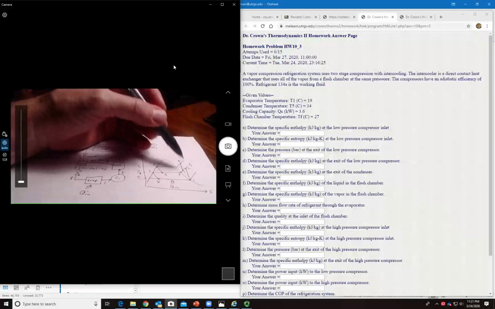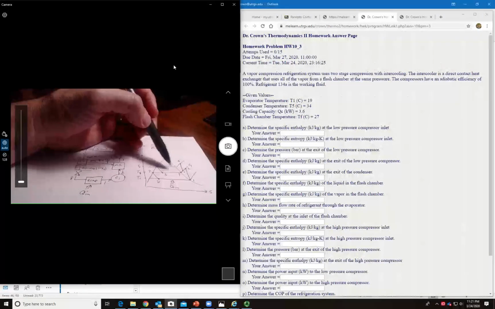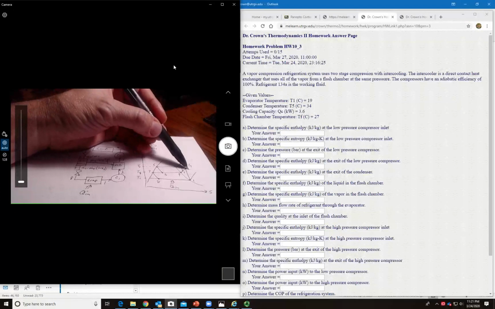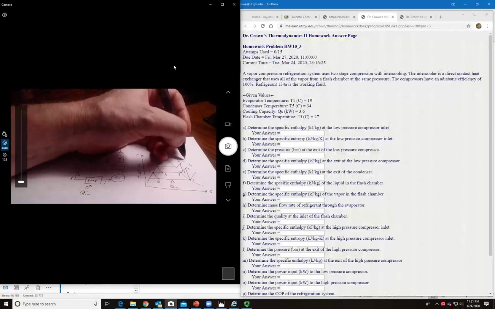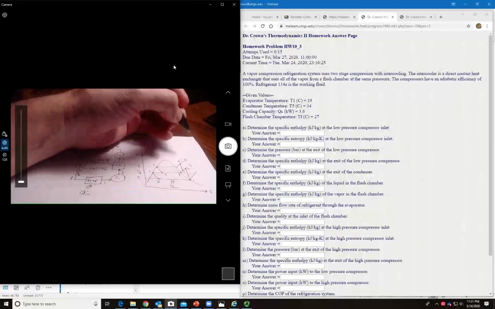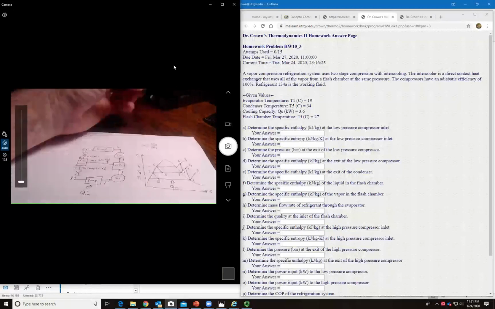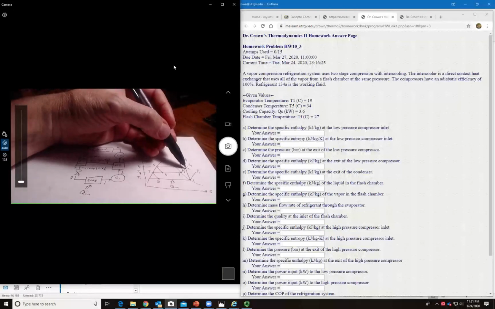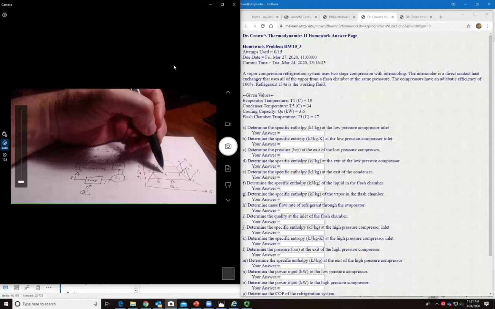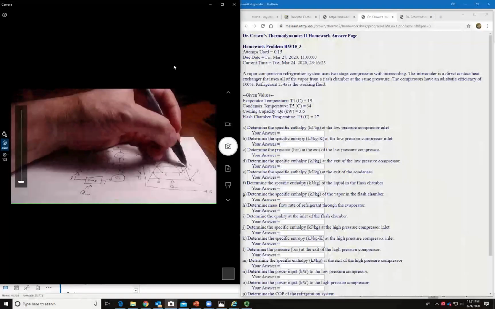So now we have 2 values at every state. We know this is at P7, this is line P5, and this is pressure 1. So pressure 7 is also pressure 2, pressure 3, pressure 9, pressure 6. So everything that falls on that pressure line.